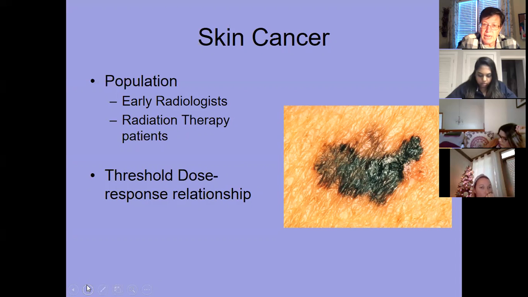The risk of skin cancer increases as the dose increases, but the threshold seems to be somewhere around the 5 gray mark. So skin cancer, the one cancer that does seem to have that threshold dose-response relationship. But like I said, if you look at dose levels between 5 and 20 gray, there's a 4-to-1 relative risk.